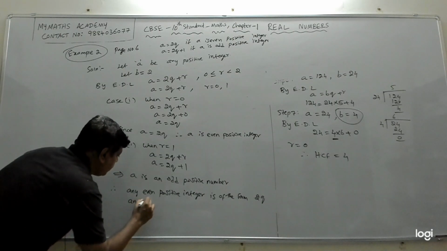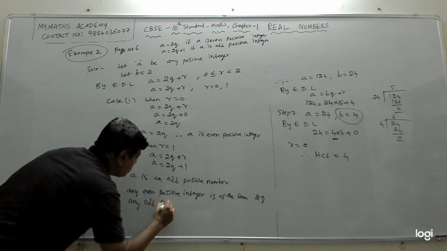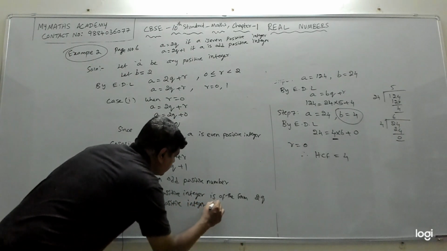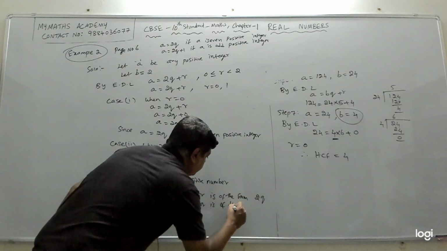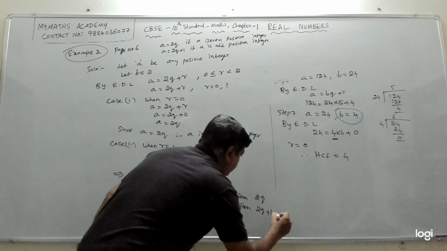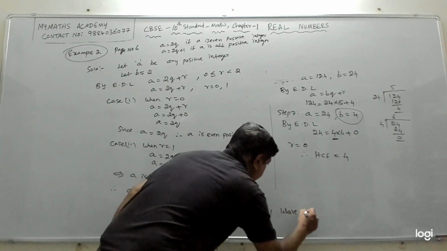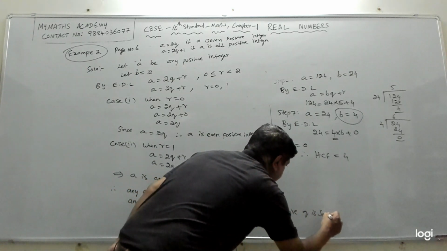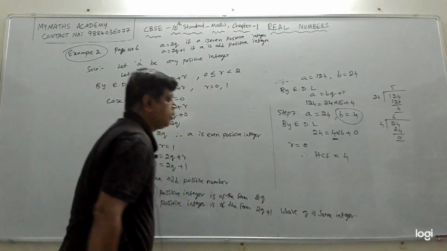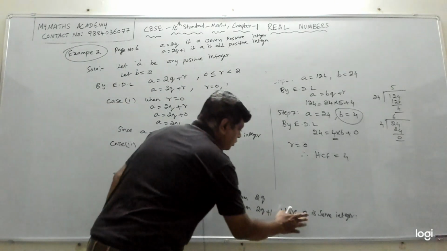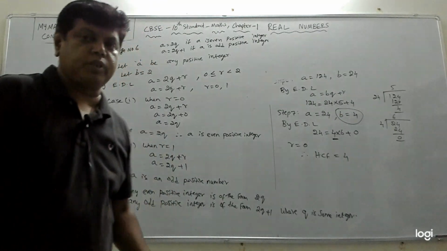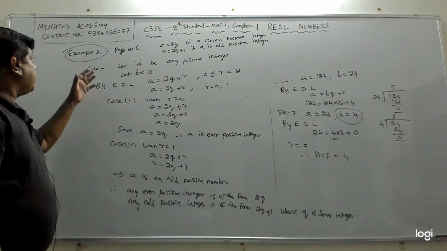Any odd positive integer is of the form 2Q plus 1, where Q is some integer. Clear? So this ends the proof for the second problem.